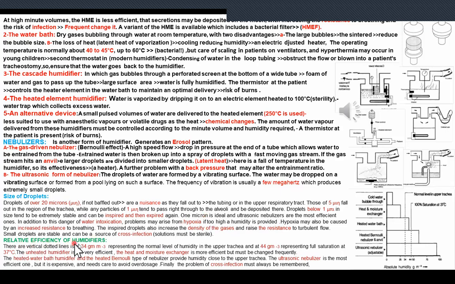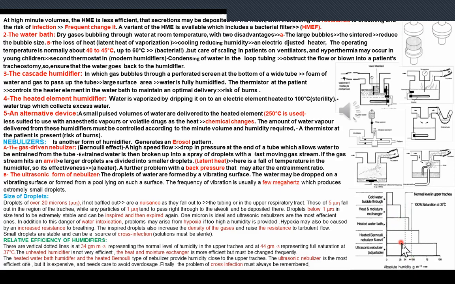Of course, the relative efficiency of a humidifier is shown by this graph, where we have the types of humidifiers and the amount of humidity in grams per cubic meter. As you can see, we ought to have at least 34 grams per cubic meter in the upper airway, and we will find that the first, the cold water type of humidifier, cannot achieve this 34.